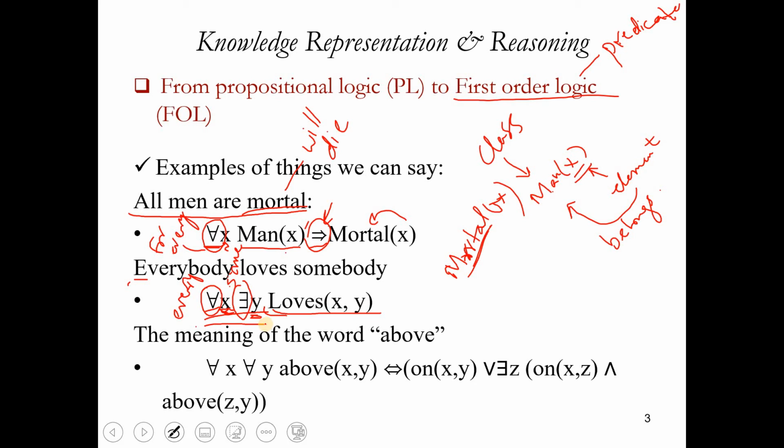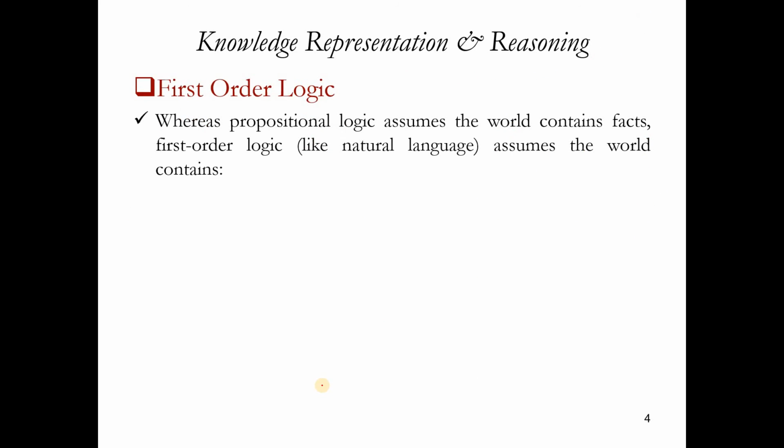There is one more example given here, but we will cover it later on. It's difficult. So next, first order logic. If you remember, previously in propositional logic, it is assumed that the world contains facts. We discussed some of the facts, and we said that P means that it is hot.